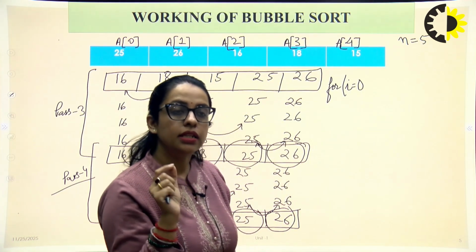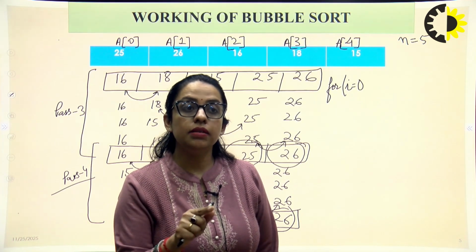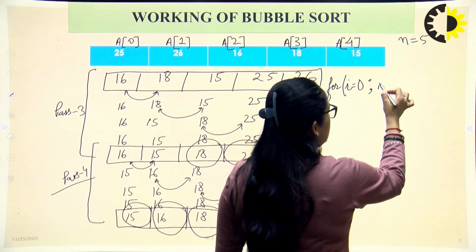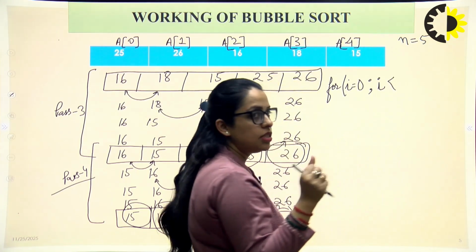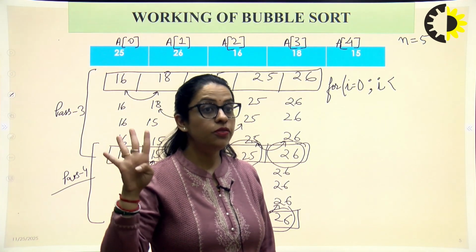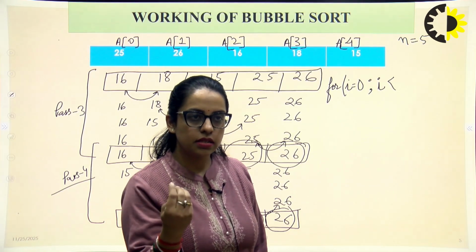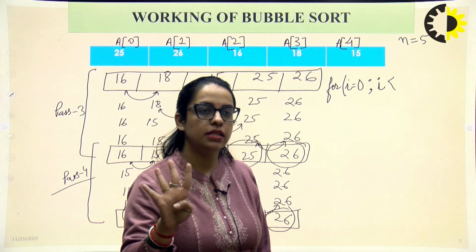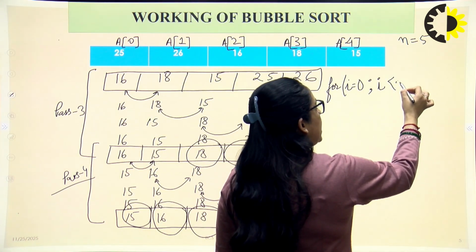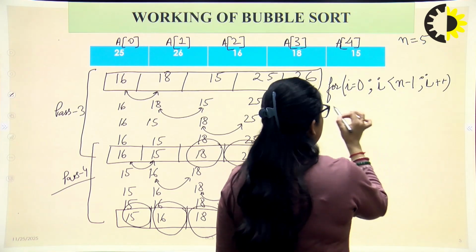If I begin the I counter with 0, up to what value am I going to run this loop? अगर I की value 0 से begin हो रही है तो 0, 1, 2, 3, 4 times, sorry, 4 times we have to run the loop for number of passes, क्योंकि पांच elements के लिए हमें passes कितने चाहिए? 4, according to the example also. So I am going to write here n minus 1, and the loop will get updated with the increment value.